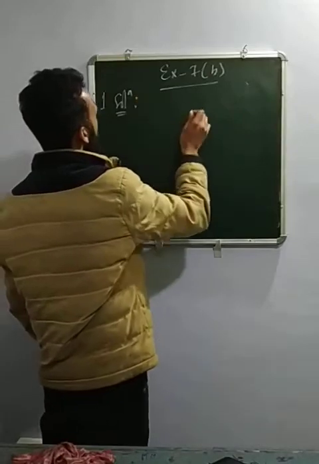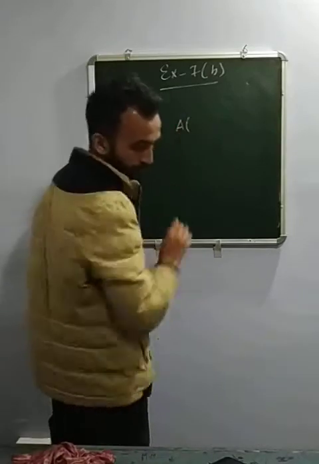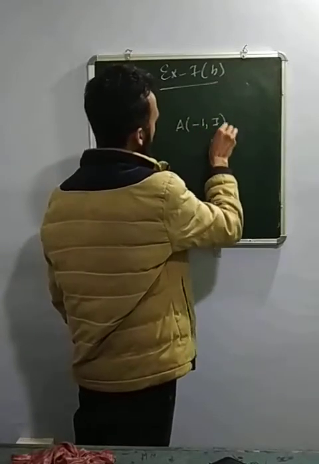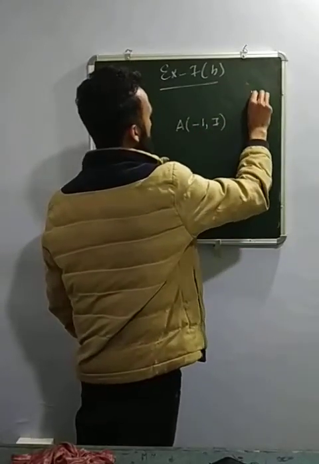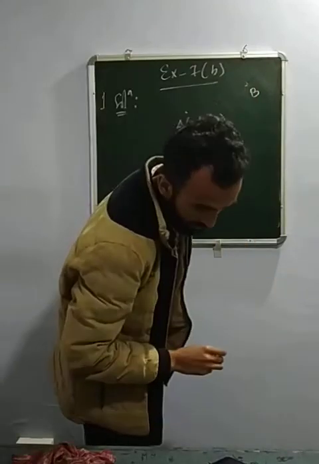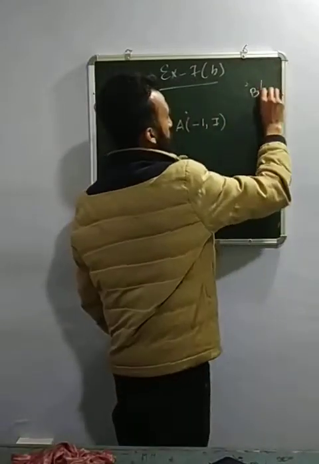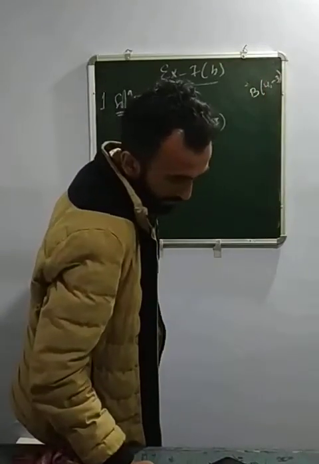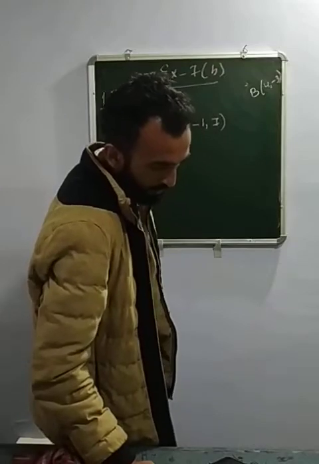Number 1 solution. You have a point A. Point A is nothing but -1 comma 7, and point B is somewhere here. The coordinate of this point B is 4 comma -3. We have to find the coordinates of the point which divides the join.